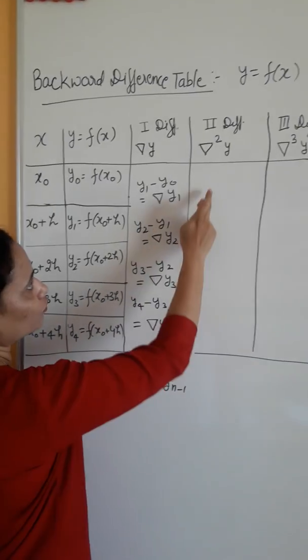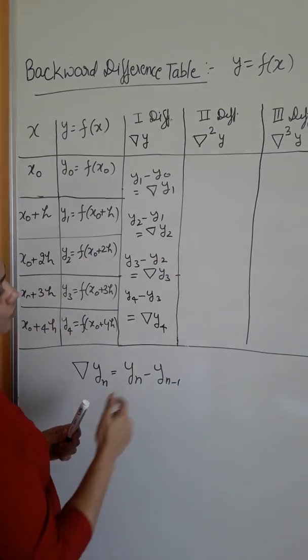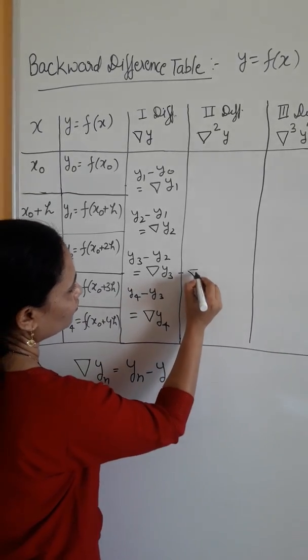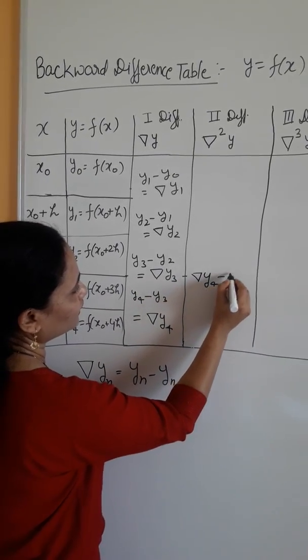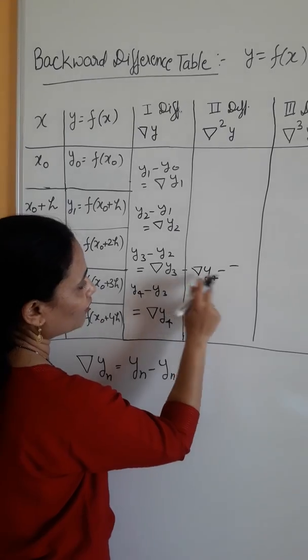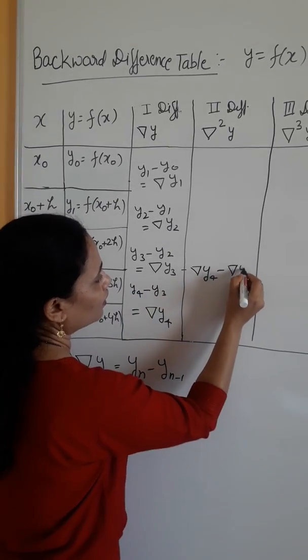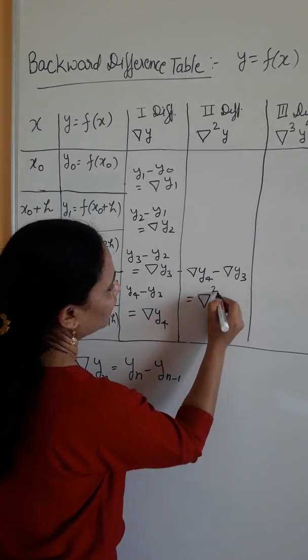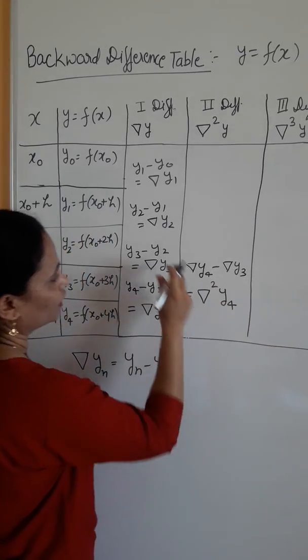In the same way, we have to calculate the second difference. So again, let's start from here only. So delta, sorry, not delta, nabla y4 minus nabla y3. This is equal to nabla square y4.